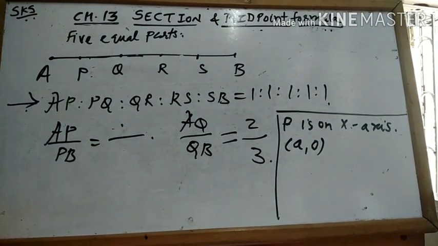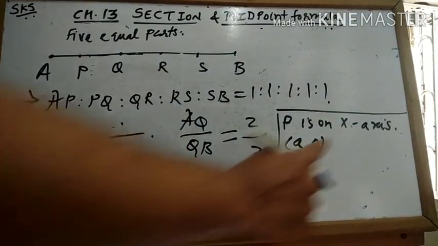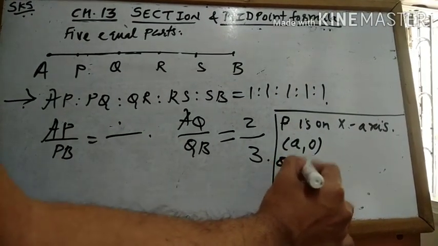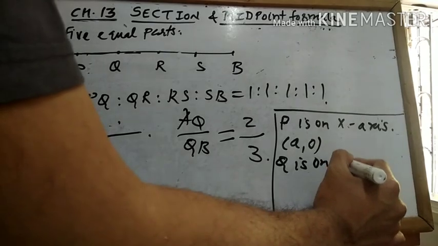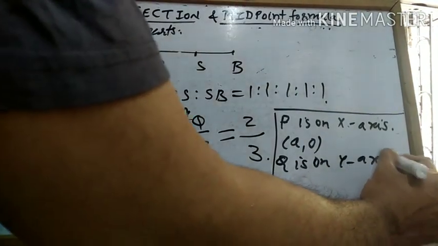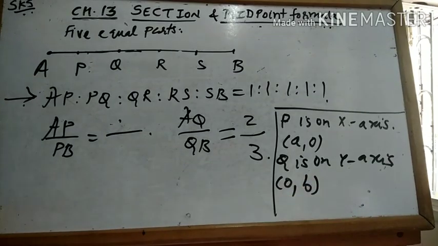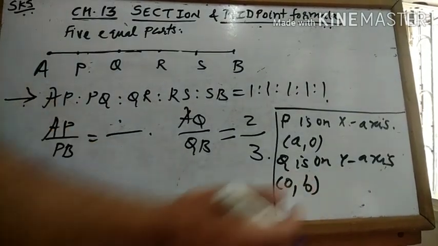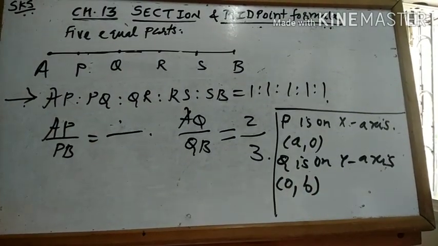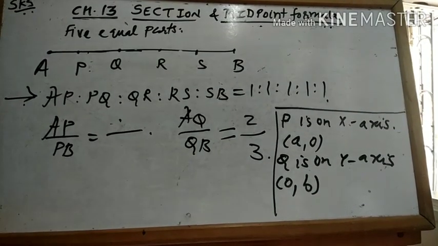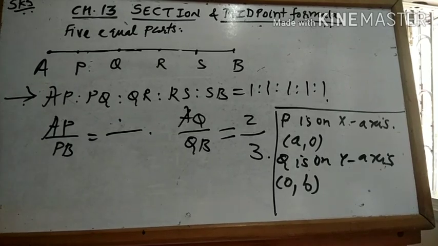We saw at the start of the lecture that whenever a point lies on the x-axis, its ordinate will be 0. Suppose point Q is on the y-axis, then its coordinates will be 0 comma b, where b is some real number other than 0, and its x coordinate, or abscissa, is 0. If you remember this much, that is more than enough for this exercise.